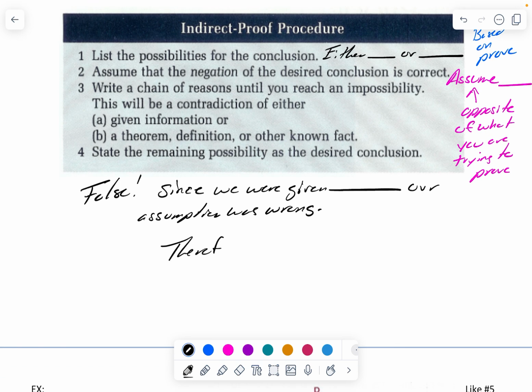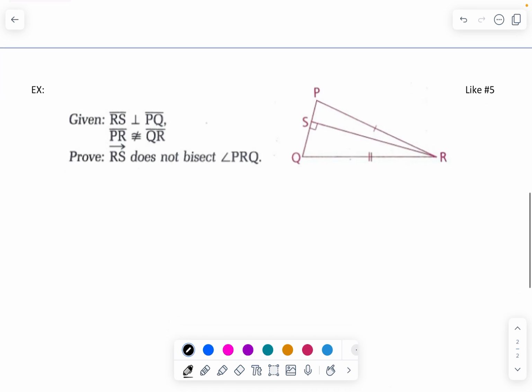Therefore, blank. And you can use the 3 dots if you want to. So that's what these are going to look like. Let's try a couple of examples.